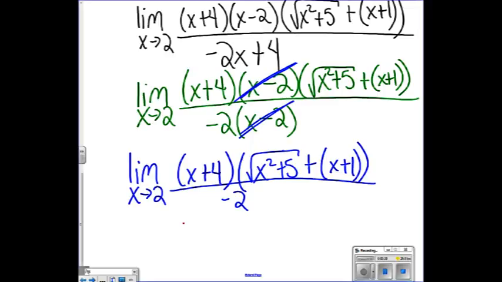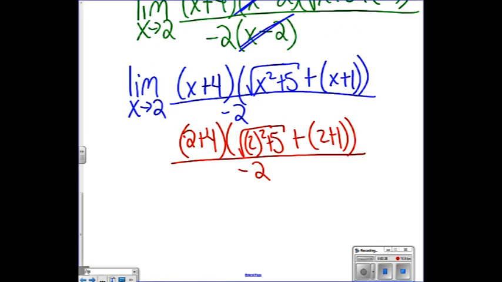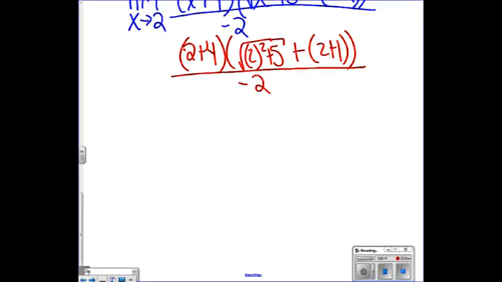So we have 2 plus 4 times the square root of 2 squared plus 5 plus 2 plus 1, all over negative 2. In which case we end up with 6 times the square root of 2 squared, which is 4, plus 5 gives us 9. So we have the square root of 9 plus 2 plus 1, which gives us 3, all over negative 2.